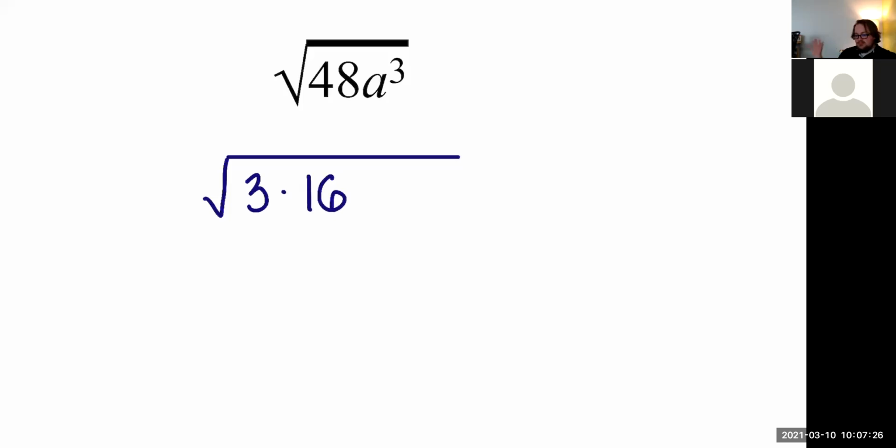So far, same as above. Then we get to the variable. We have a to the power of 3. Now my hint said that I really like variables to the power of 2 because I can treat those as perfect squares. Clearly that is not the case here.